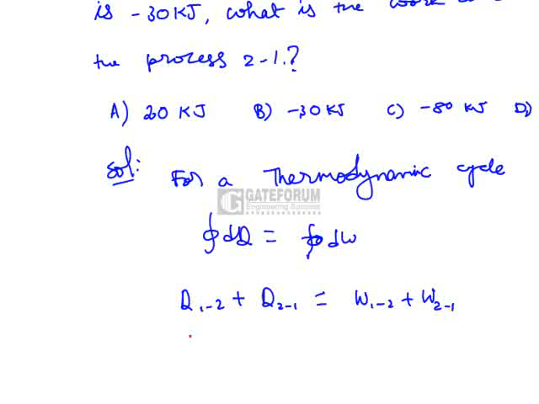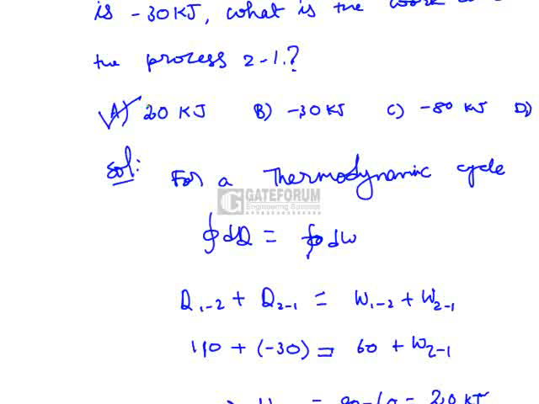Here the heat transfer in the process 1 to 2 is 110 and in the process 2 to 1 is minus 30, and the work done in process 1 to 2 is 60 kilojoules. We have to find the work done in the process 2 to 1. Simplifying this equation, we get 80 minus 60, which is equal to 20 kilojoules. It is a positive value, which means work done by the system. So the correct answer is A. A is the right answer.